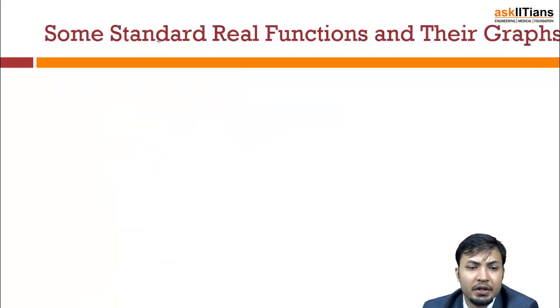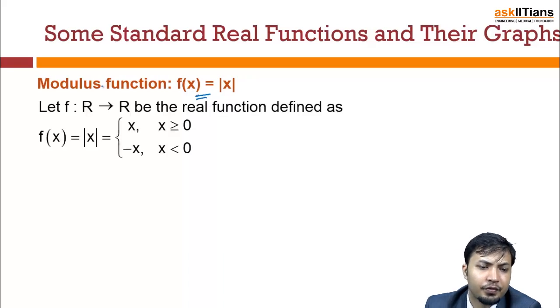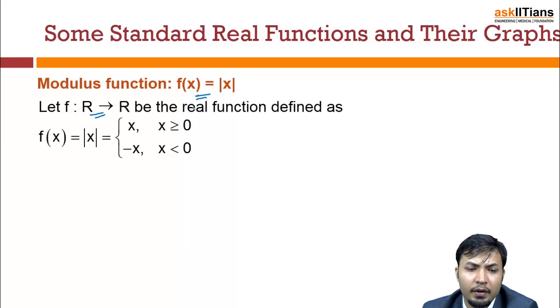Now let's look at some standard real functions and their graphs. In this case, first of all, I have the modulus function. Very interesting. All the graphs illustrated over here are quite interesting. Now the modulus function's property is that it will again go from R to R, and for this case I'll have two sets of values, that is for different x I'll get a different output.